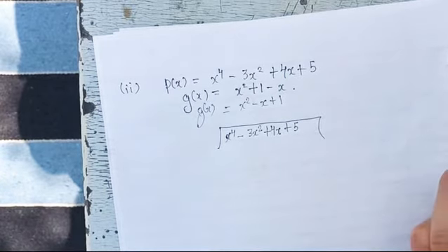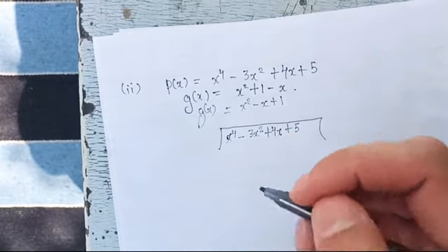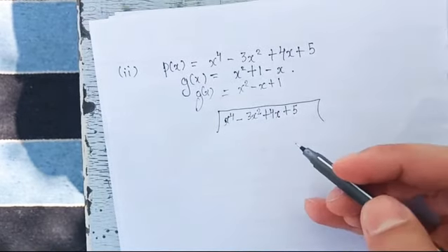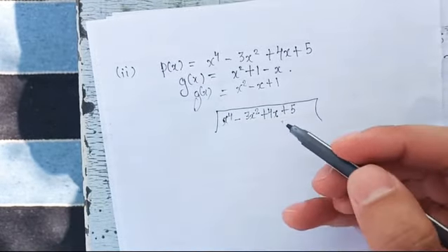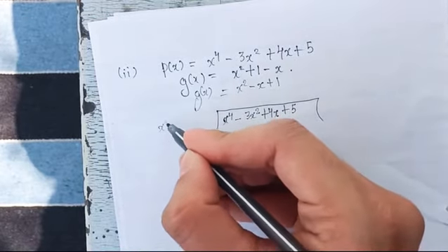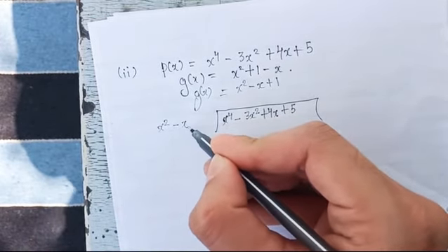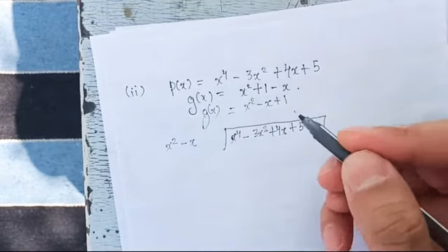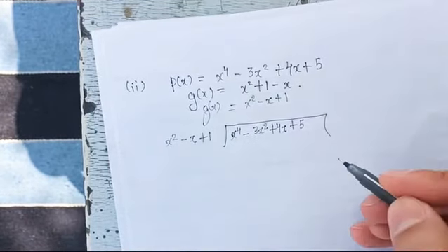Okay, now we will divide the polynomial. How we will divide? X square minus x plus 1, that is the gx.